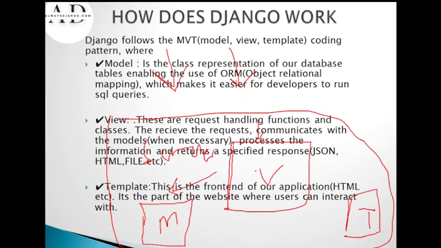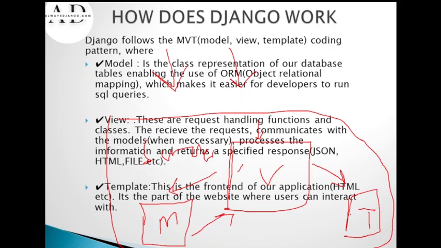So when the request comes to the view, it accesses the model and queries the database for information that is stored there, maybe the username, the user's last login date, the user password, and what have you. When it gets those results, the model takes them back to the view, and the view carries this result to the template, right?